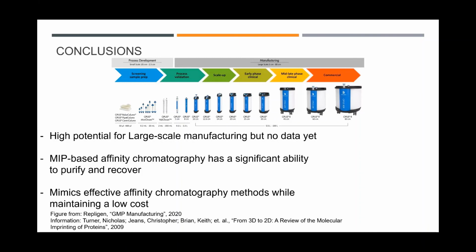I wanted to point that out because we have come a significant way in the last 10 years, as we have been able to isolate a 32 kilodalton protein. So that is to say that we could eventually produce a large-scale manufacturing process with MIP-based technology for vaccine production. So that is the hope.